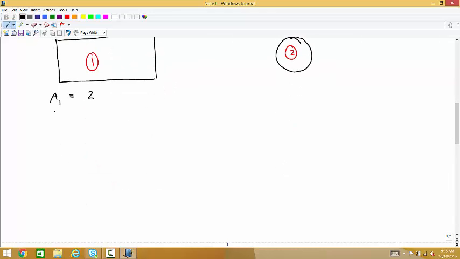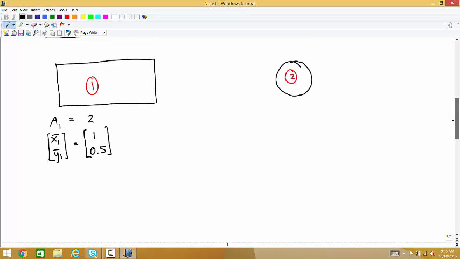So x1, y1 is equal to 1, 0.5. And then for the circle, the area is pi times 0.5 squared, which is pi over 4.